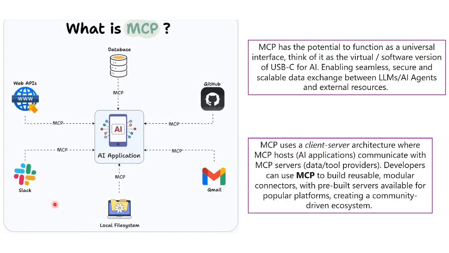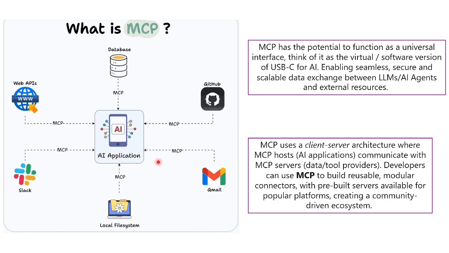So now let's try to understand MCP in a better and more detailed manner now that we have some sort of an introduction to the problem statement that MCP is trying to solve. That's a very beautiful visual that I took from the internet.